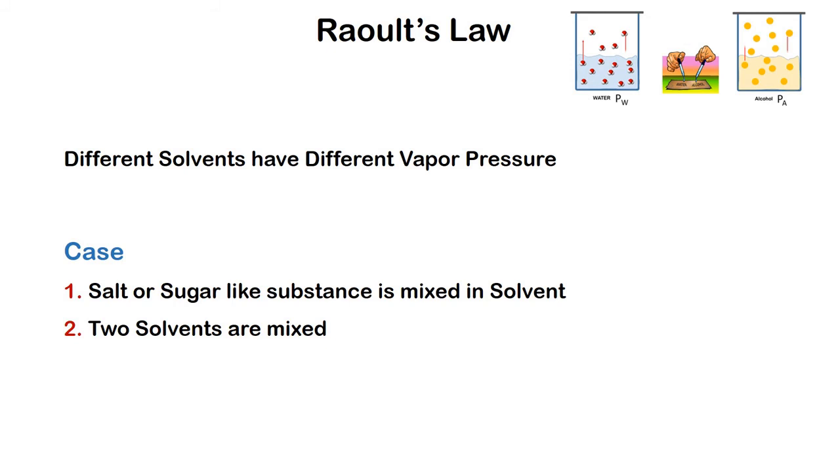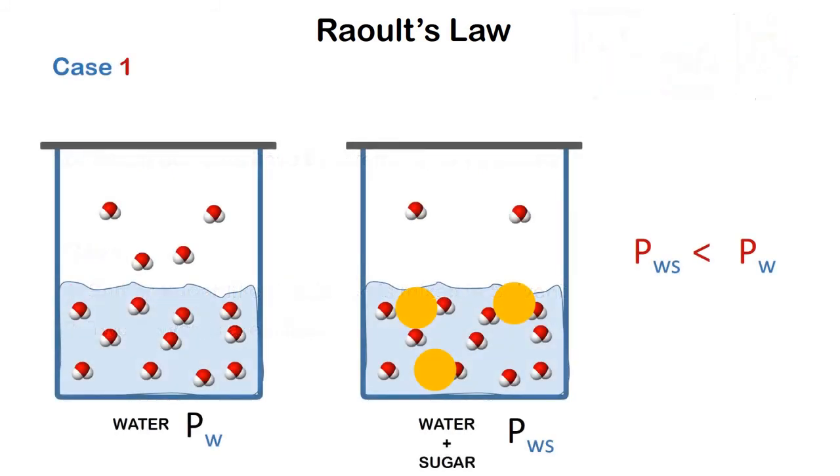We will look at two cases now. One where a solid solute like salt or sugar is mixed in a solvent, and second where two solvents are mixed together. When a solute like sugar is added in water, the molecules of sugar prevent the water molecules from evaporating, and therefore the vapor pressure of this solution of water and sugar is less than the vapor pressure created by water.